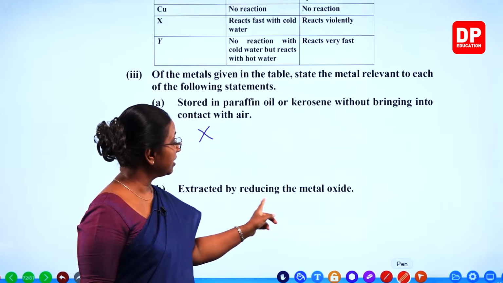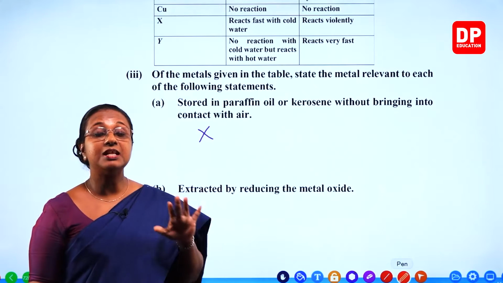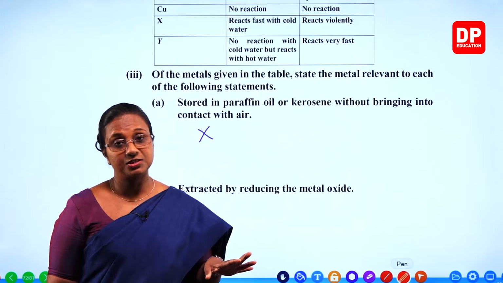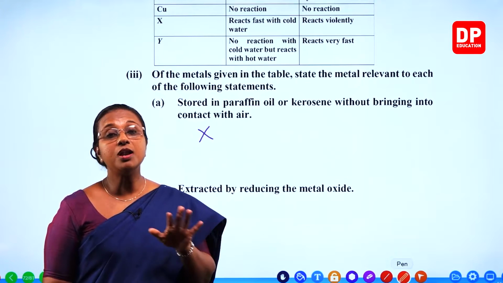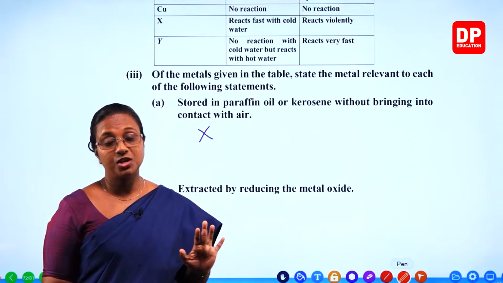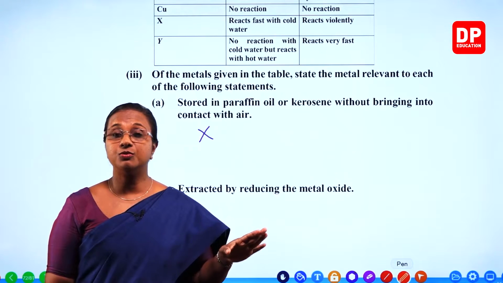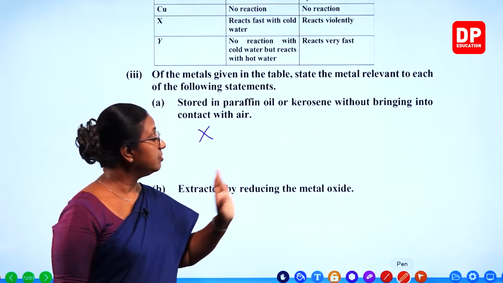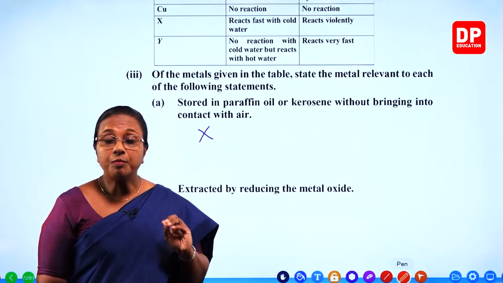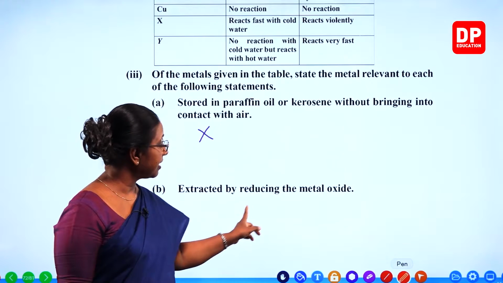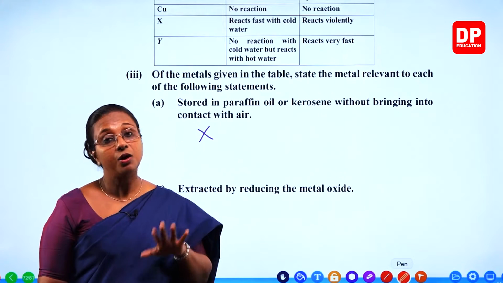So, metals extracted by reducing metal oxides are the moderately reactive metals. If we consider iron, zinc, copper, they are all moderately reactive metals. So, these metals of moderate reactivity can be extracted by reducing the metal oxide.